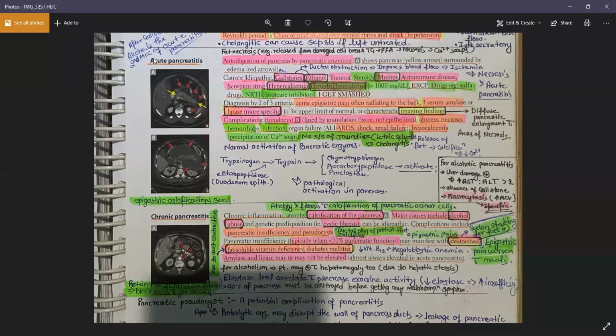And because of the inflammation, sometimes the proteases will become activated too. When the proteases become activated, because all of the parenchyma of the pancreas is made up of protein, they will start digesting the pancreatic parenchyma, and they can cause acute pancreatitis.